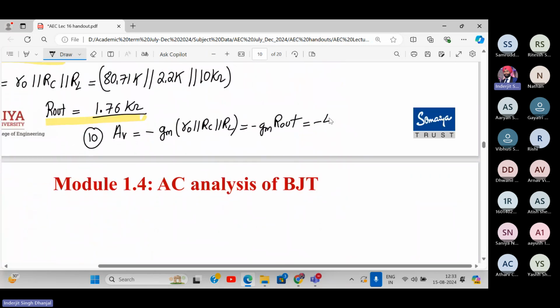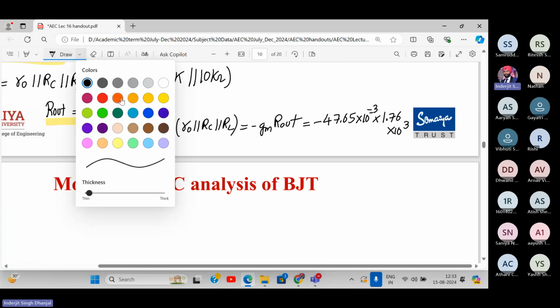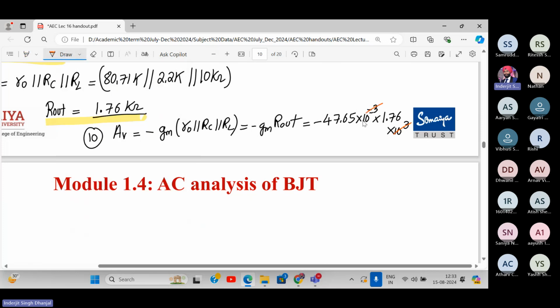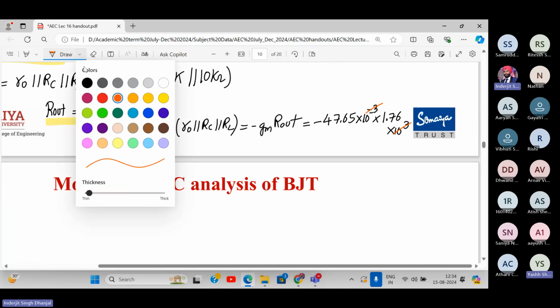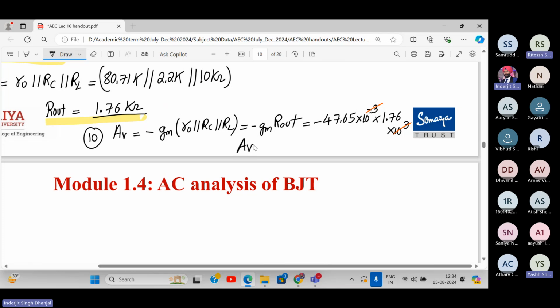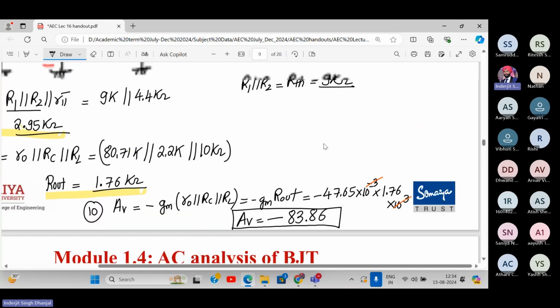So it is minus 47.65 into 10 raised to minus 3 into 1.76 into 10 raised to 3. So the 10 raised to minus 3 and 10 raised to plus 3 will get cancelled. So multiplied is 47.65 into 1.76. How much do you get? Minus 83.86. That is your answer.